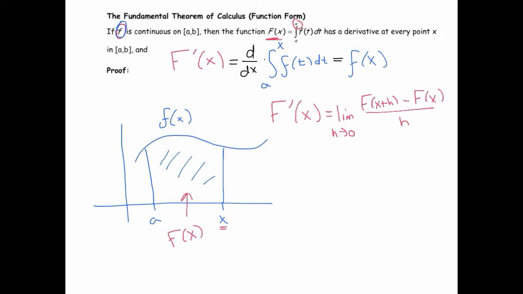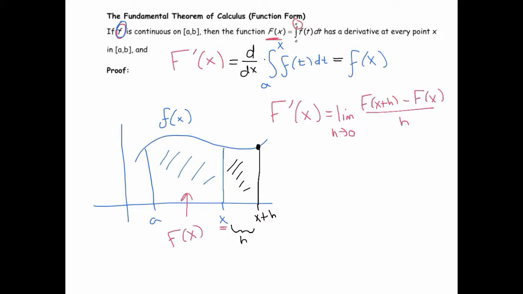So how do we do that? Well, we're going to go over a distance h, as usual. So now that's x plus h, and this distance is h. And we're going to find the area of this black region here.